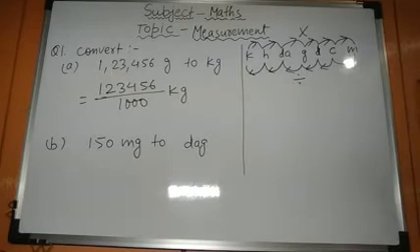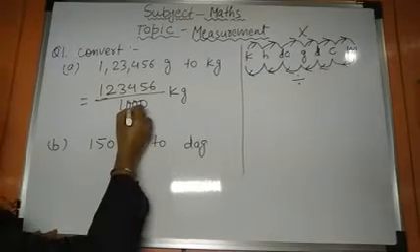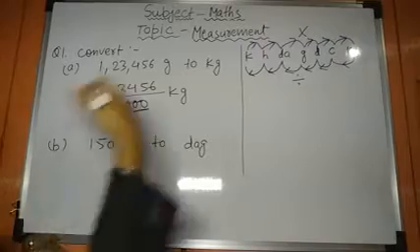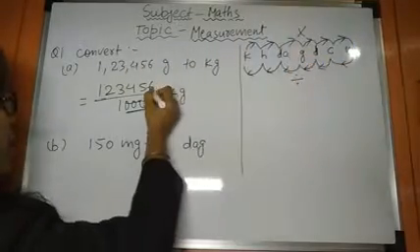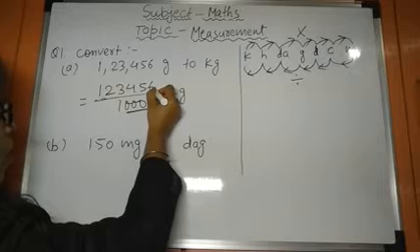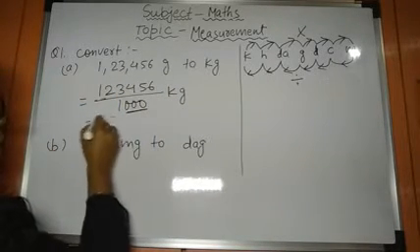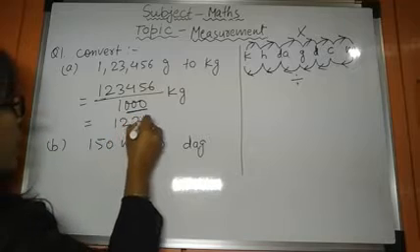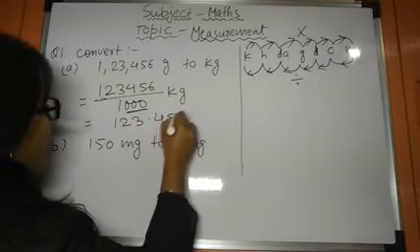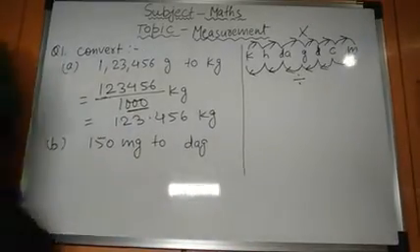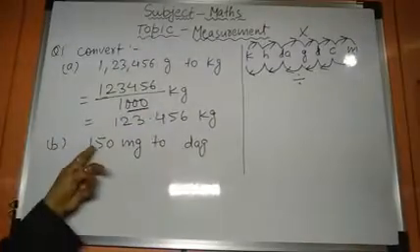Like that you have to proceed. Now see here, 3 zeros are there. So you have to start from your right hand side and count 3 numbers: 1, 2, 3. After that you will put decimal. So answer will be 123.456 kg.